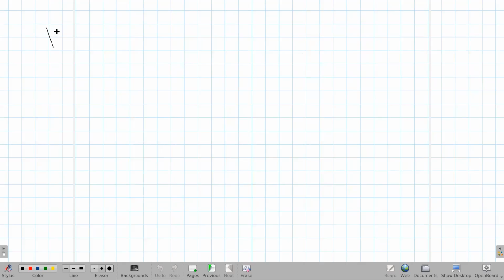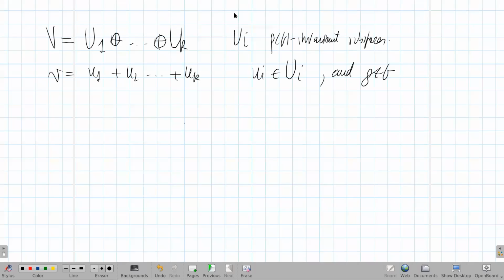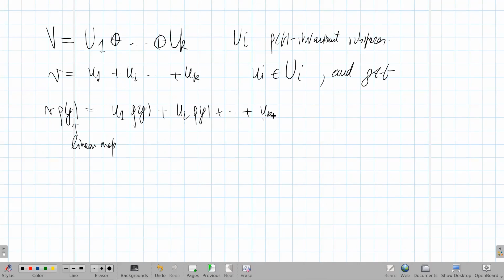Consider the situation in which V is the sum of these Ui, not necessarily reducible. Rho(G) being linear, it's just a linear map, invertible, but then you will have this, simply because being linear is respecting direct sums.